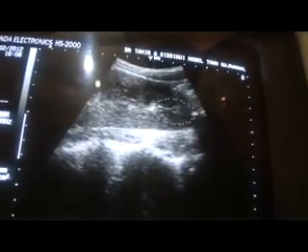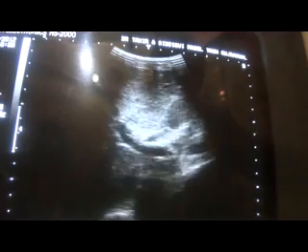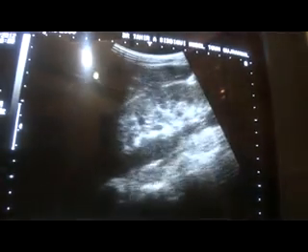This is the lower pole. Both poles are clear. So this mass does not appear to relate to the gallbladder, liver, and the right kidney. These three organs are normal.